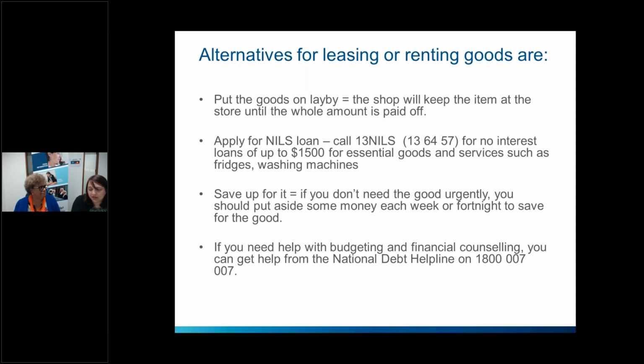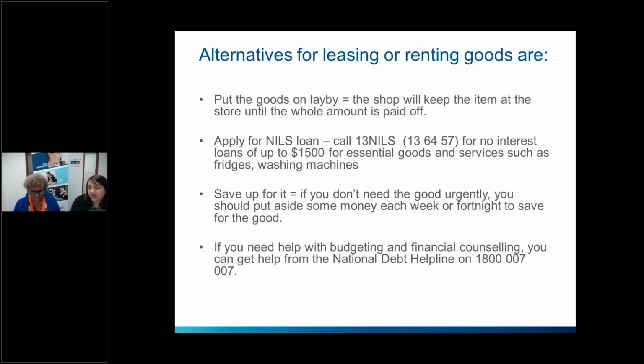And this is really important because a lot of people, when they come to us, don't realise that the NILS scheme is there, and they come to us with all these leases, not realising that, for example, a $500 fridge is going to cost them thousands of dollars. Or the other option is that you can save up for it.